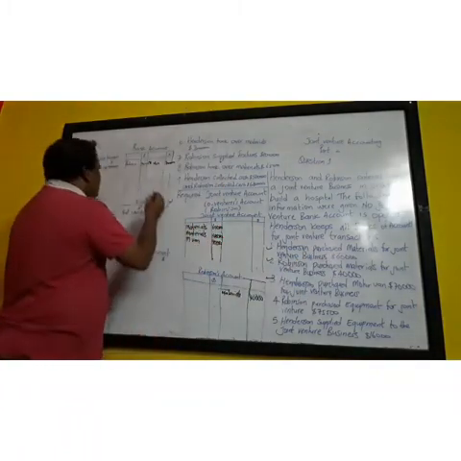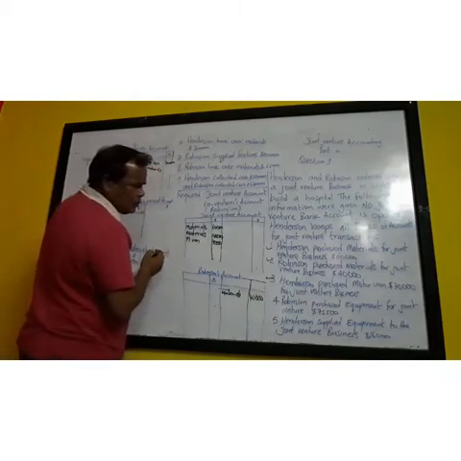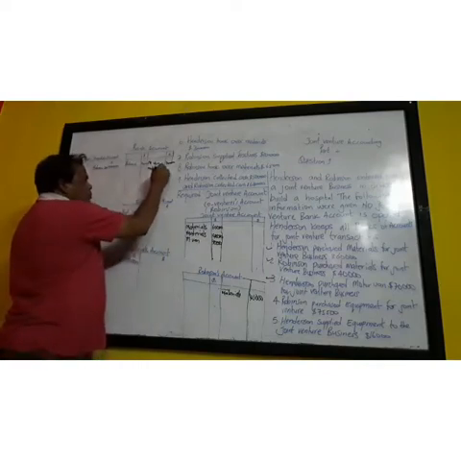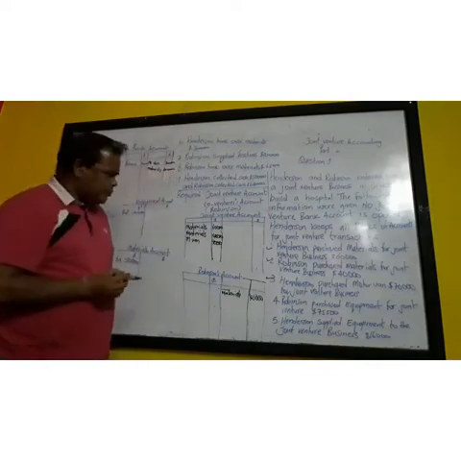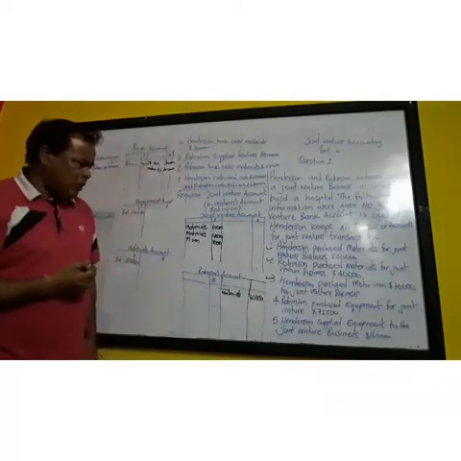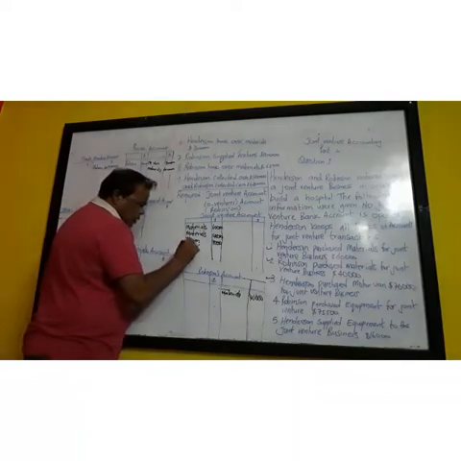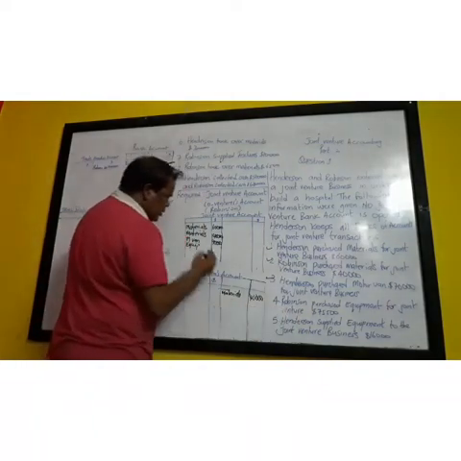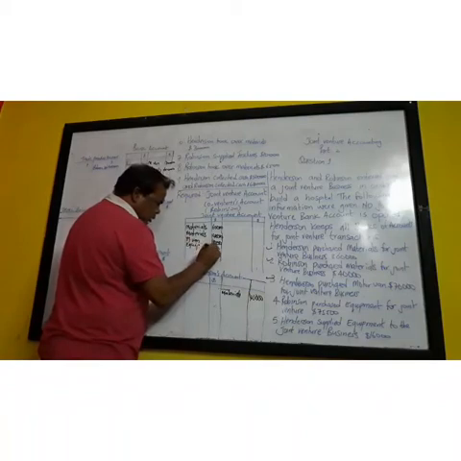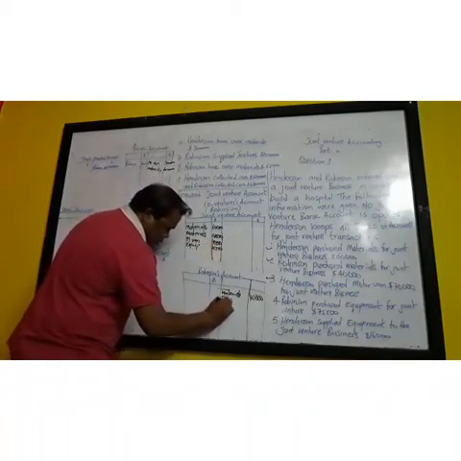Debit in joint venture, credit in bank account materials, 60,000. So here we are. Adjustment number 4. Robinson purchased equipment for joint venture. Debit in joint venture equipment. Robinson purchased 75,500. Then we have to credit in Robinson account equipment 75,500.